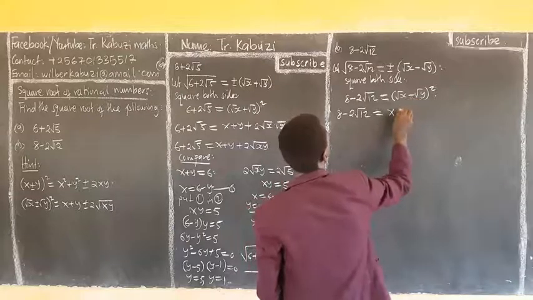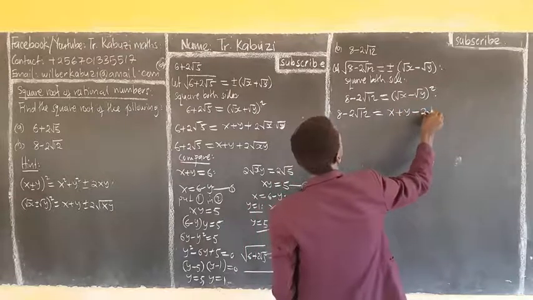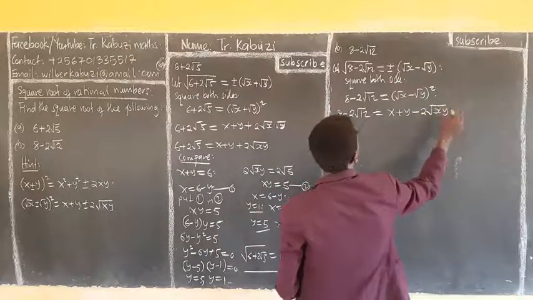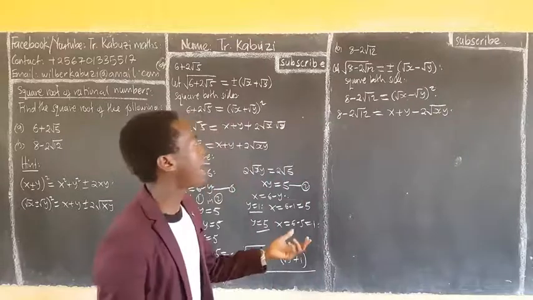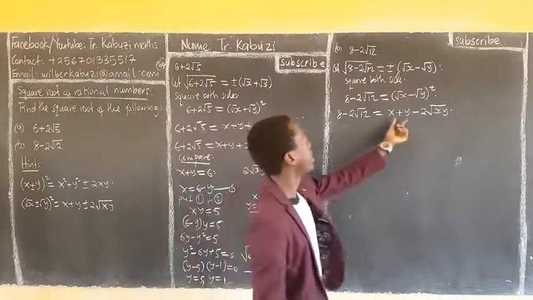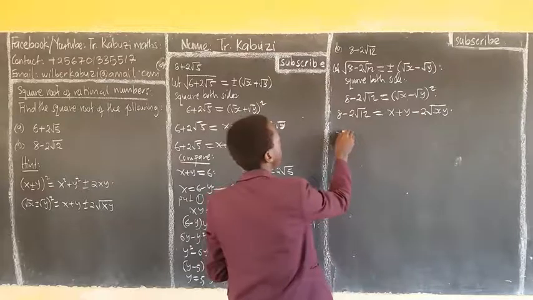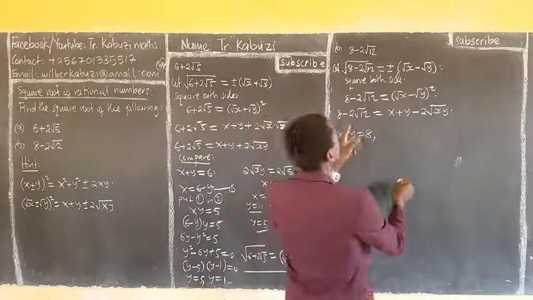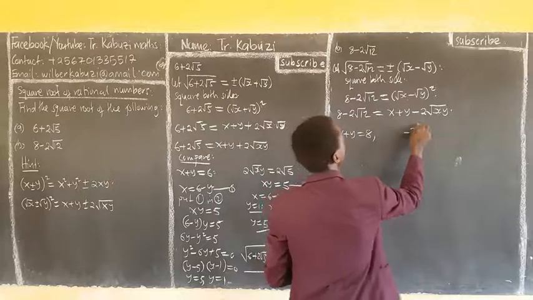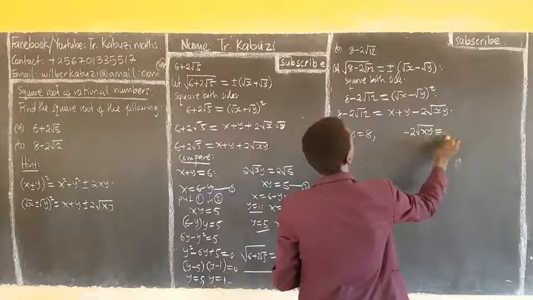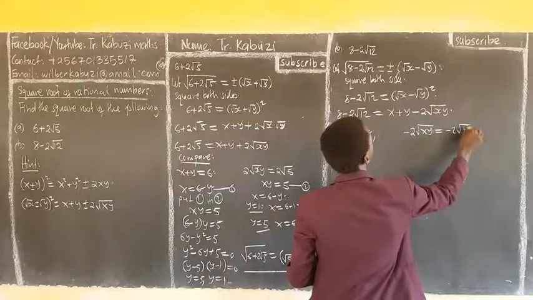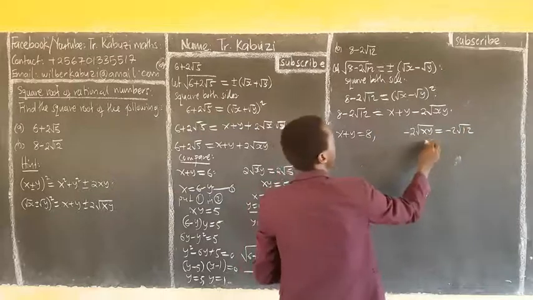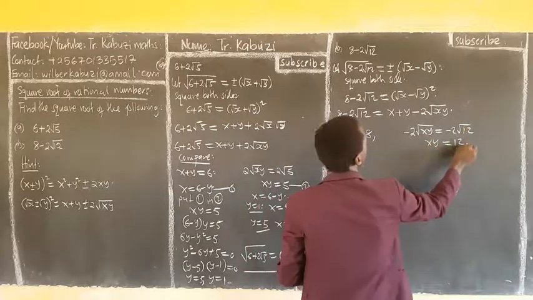When I square this, I get y. Then minus 2 root x root y. Still the same idea. You compare. So it's that your x plus y is 8. Then negative 2 root xy is equal to negative 2 root 12. This goes away. So your xy becomes 12.